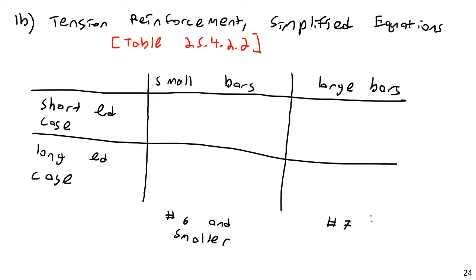And then there's going to be a simplified equation for each of these. For the small bar short LD case, I'll talk about how we determine whether we're in the short LD or the long LD case on the next slide.